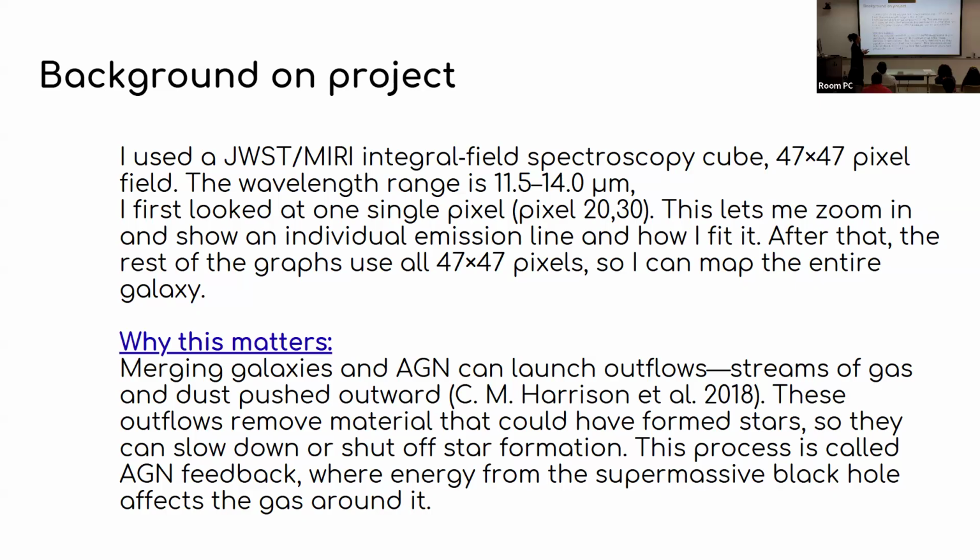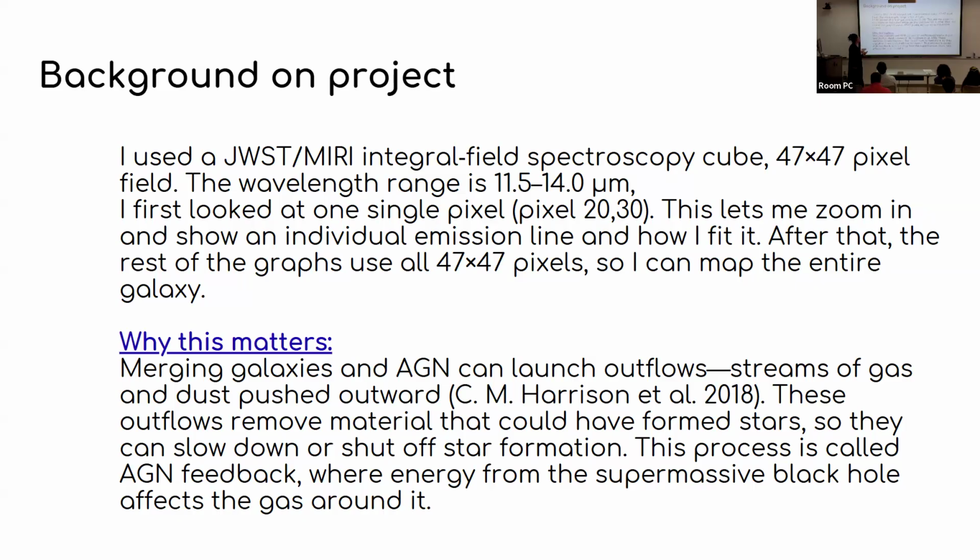I first took a single pixel of the 47 by 47, a 20 by 30, which is just a single point along the line. This allowed me to see an individual emission line that I could fit. The rest of my graphs use all of the 47 by 47 pixels, so it basically shows the entire galaxy.